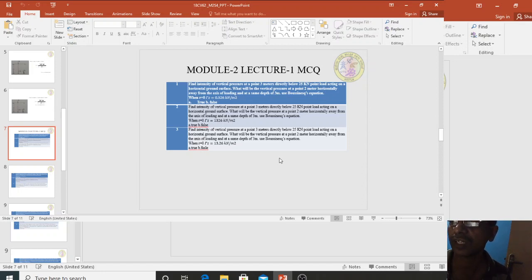What will be the vertical pressure at a point 2 meter horizontally away from the axis of loading at the same depth of 3 meters? So you can use sigma z is q by z square into 3 by 2 pi divided by 1 plus r by z whole square, whole to the power 5 by 2.